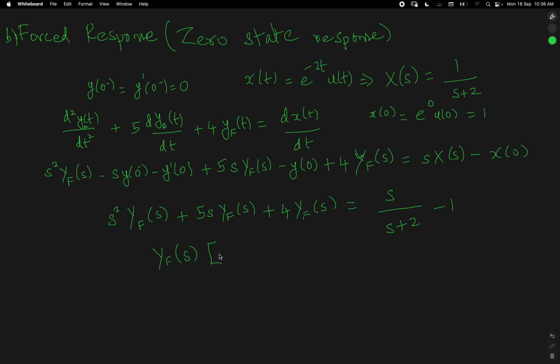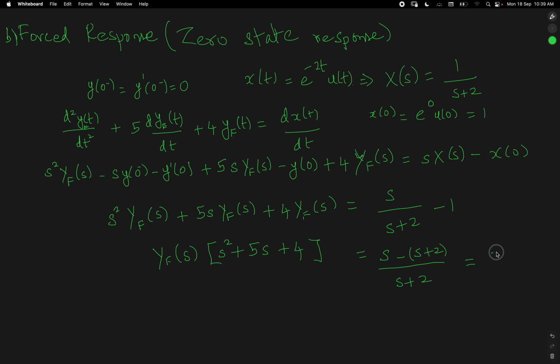Then the left hand side becomes s² + 5s + 4, and the right side can be simplified by taking LCM of the two terms, and then it will be (s − (s + 2)) divided by (s + 2).